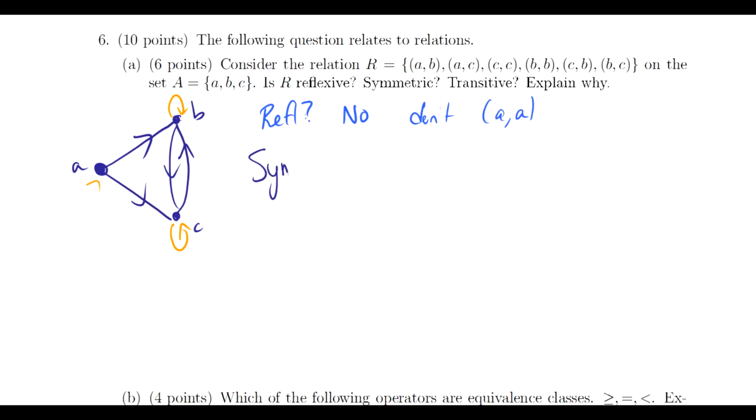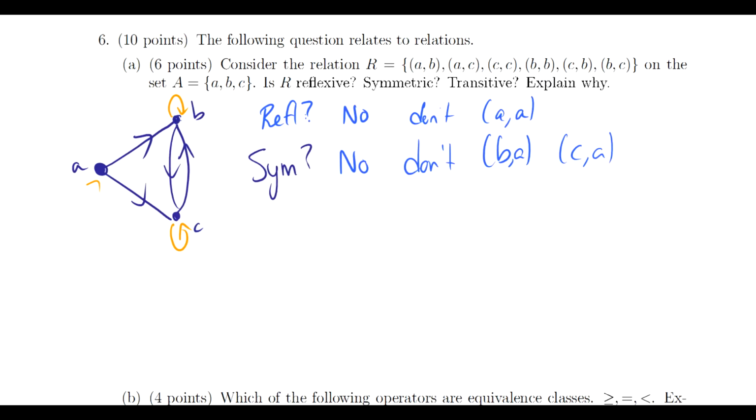Is it symmetric? Well, we have AB, but we don't have B going back to A. So no, because we don't have BA, and we don't have CA. Because we have A going to B and A going to C, but we can't get back to A.